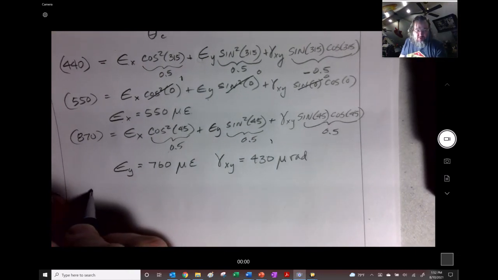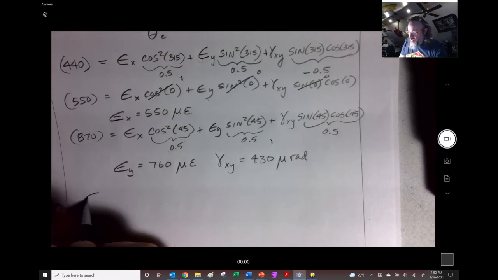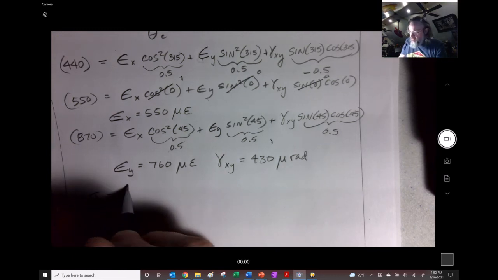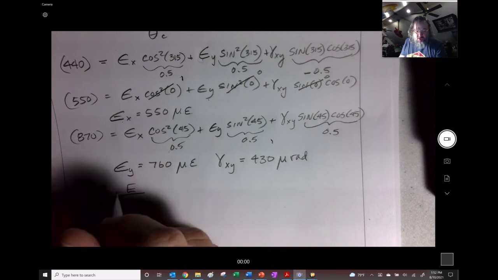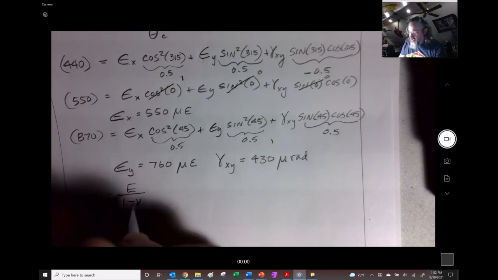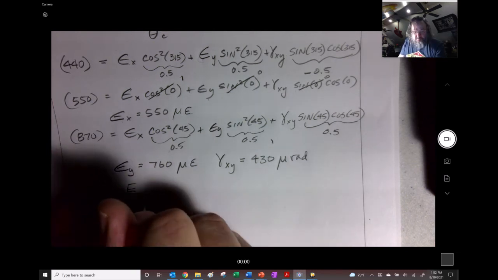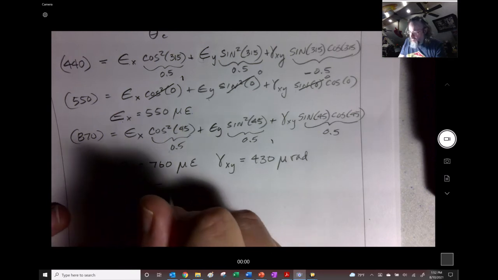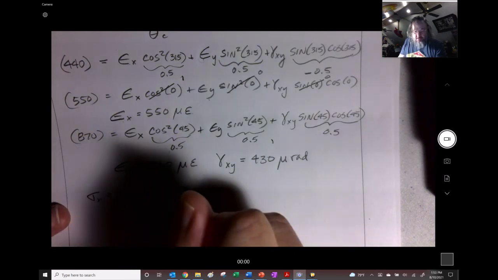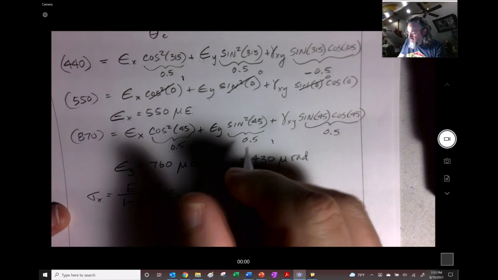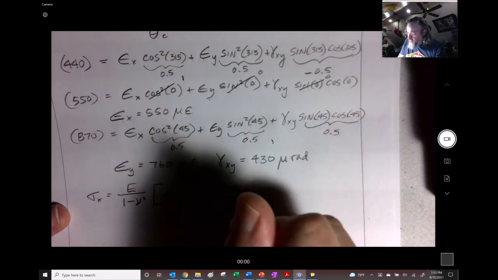And then we want a simultaneous, no, we don't have to do that. Now we could just say sigma x, and I'll write down what that equation was that we had for biaxial stress condition. Right here, nu, not mu.